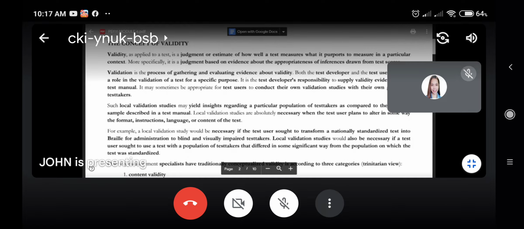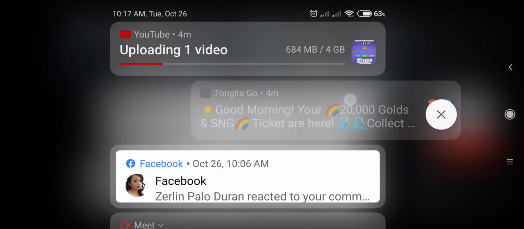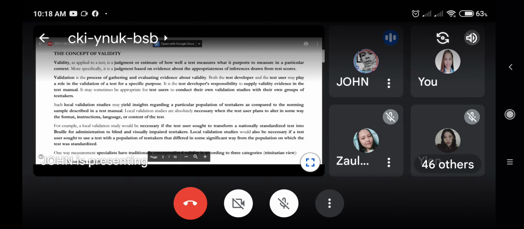Okay? And then on the part of the test users naman is to conduct their own validation studies with their own group of test takers. So sometimes, yung gaya nyo, you will be a test user, you need to make your own validation. Even if the test itself is valid, you need to do a validation process pa rin. Kasi, di ba, dito pumapasok ang tinatawag na local validation studies.